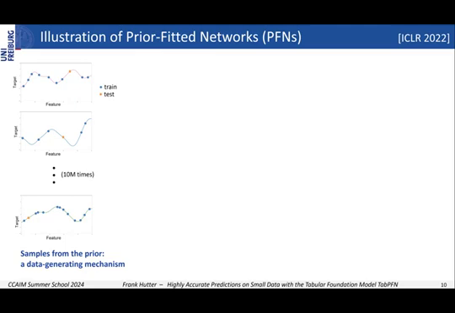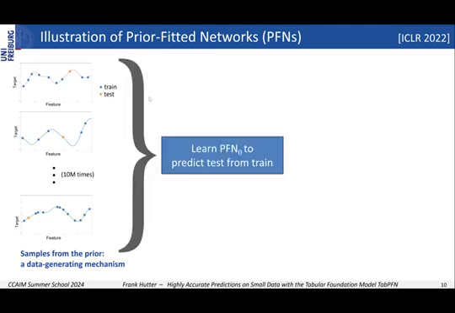It takes seconds. And then you learn to map from the blue points to the orange point. So given the x value, what is the y value of the orange point? That's what you learn. So the blue points will be inputted to a model, and the x value of the orange point, and then a distribution over the y values is supposed to be outputted.